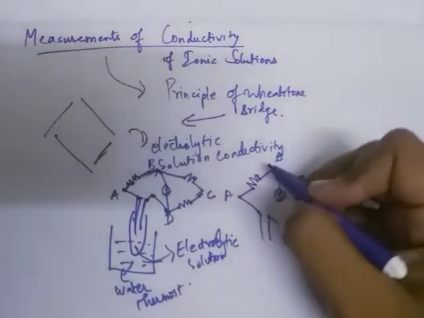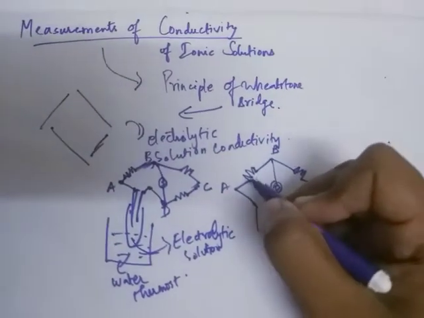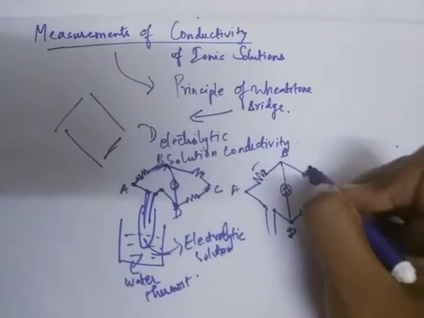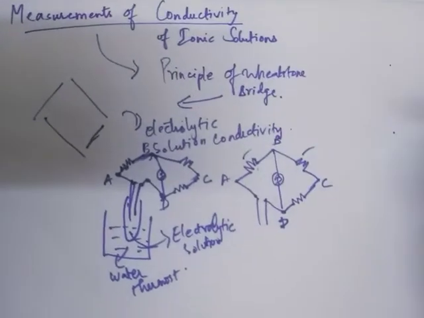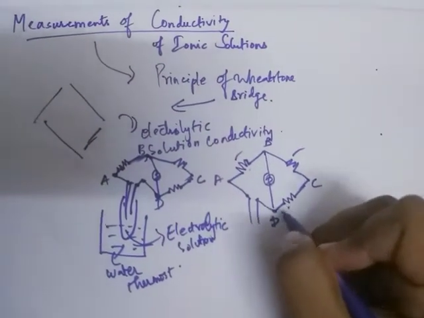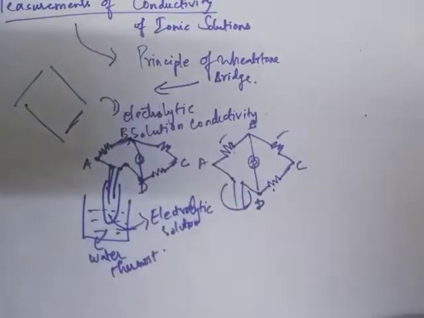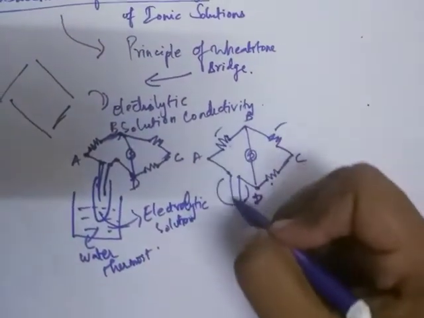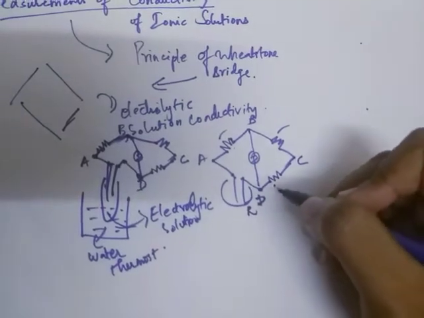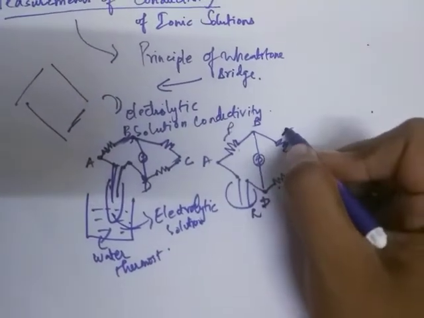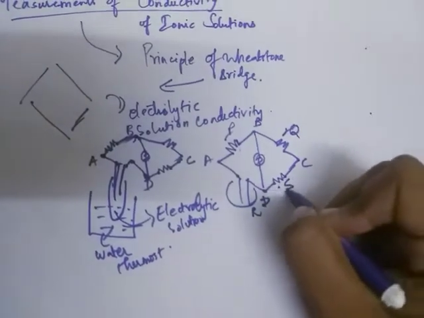The basic principle in the Wheatstone bridge is that we will have two known resistances, one variable resistance, and one resistance of the electrolytic solution we are going to find. Let this be R, this is P, this is Q, this is S.